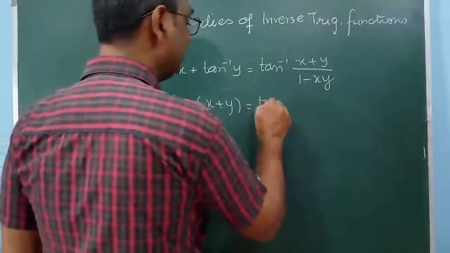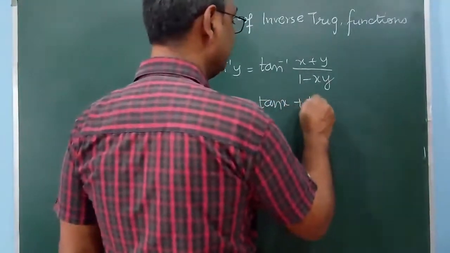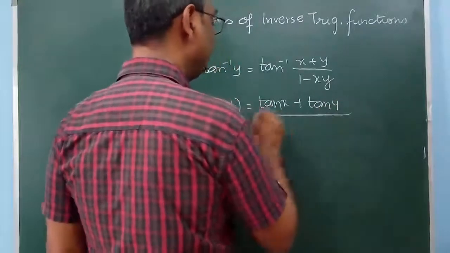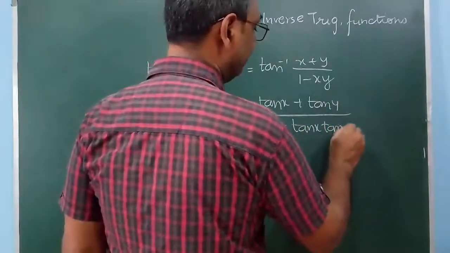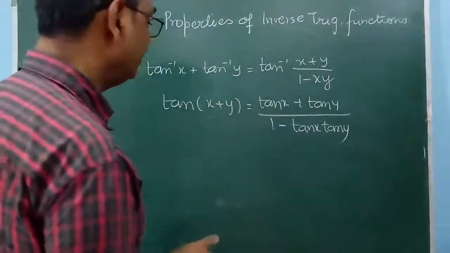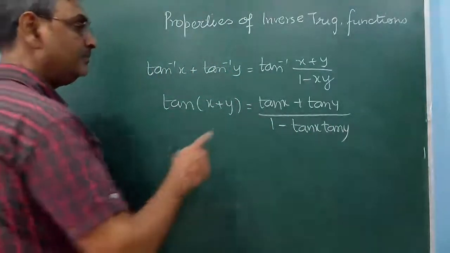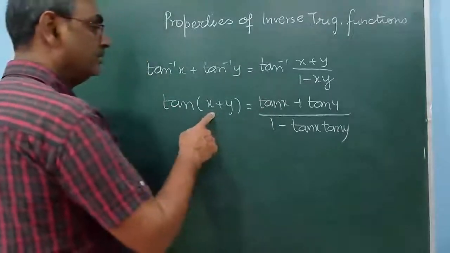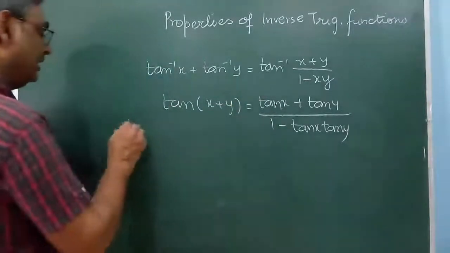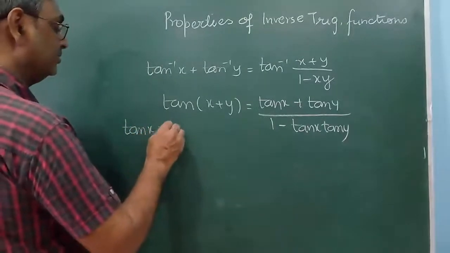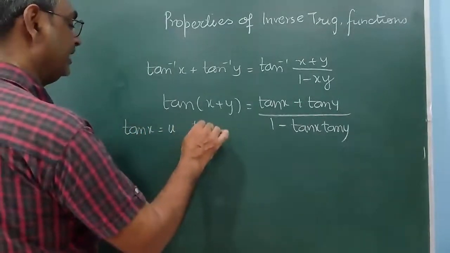Tan of x plus y is what? Tan x plus tan y upon 1 minus tan x tan y. This we know. Now what you have to do? You take, say, tan x equal to u and tan y equal to v.